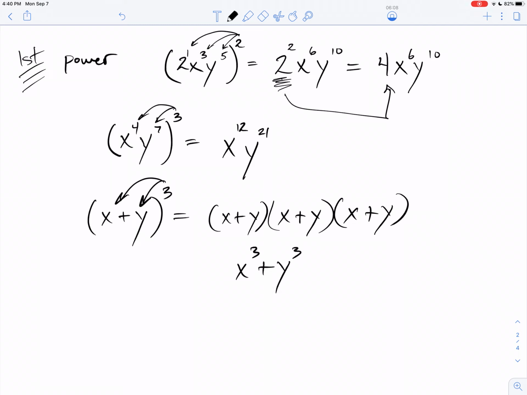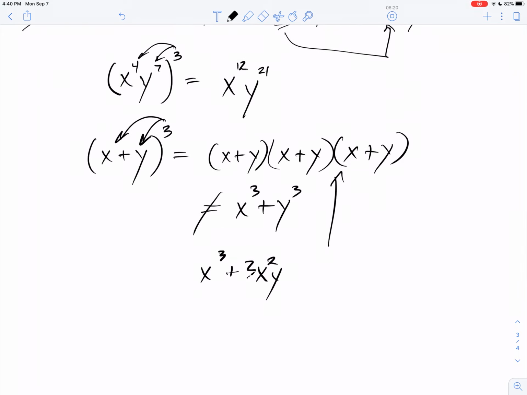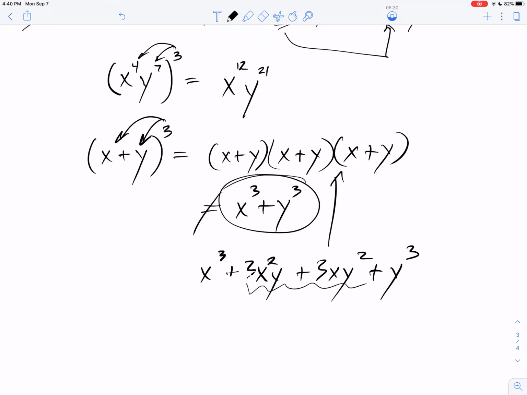That is not the answer. I'm trying to do this in my head, but if you really are bored and you want to check me, I think this is what that answer turns out to be, which is definitely not this. You're missing all kinds of information in the middle.